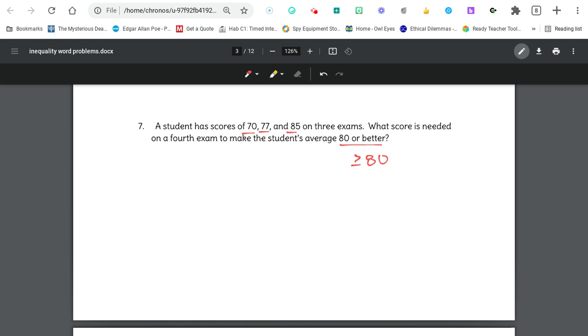So I'm just going to think about how we calculate averages. Now we weight them, but when I was going to school, I don't think they were ever weighted. And when I started teaching in 2002, we would just add up all the grades that you had and divide them by how many grades we had put in the grade book. So I'm going to say x is the score on the fourth exam.